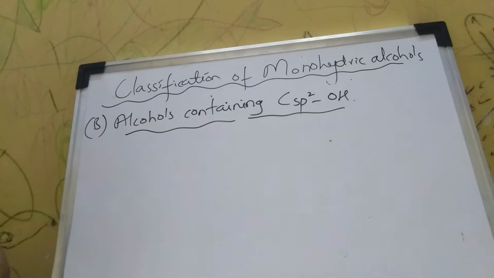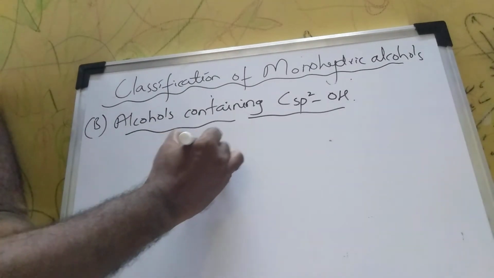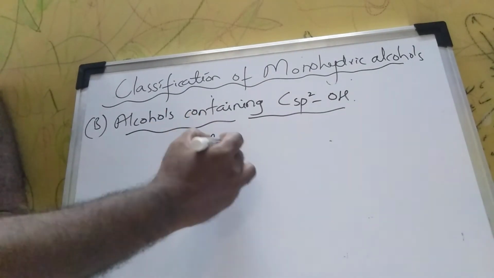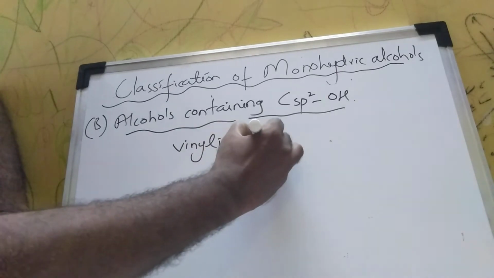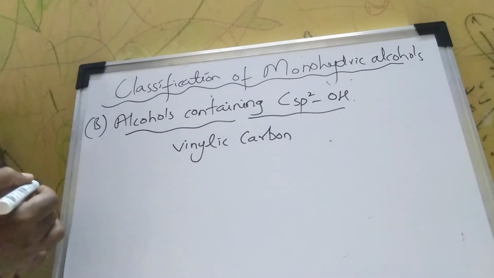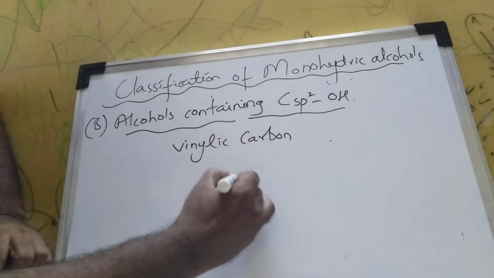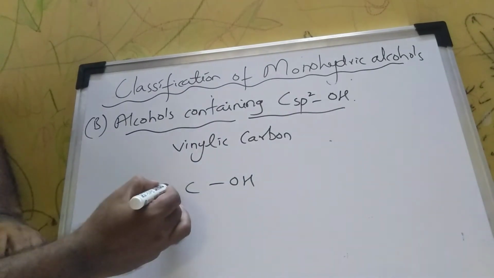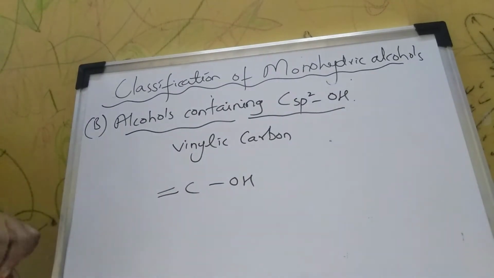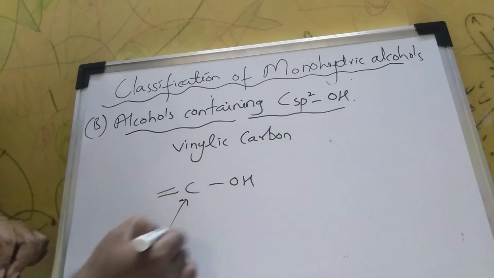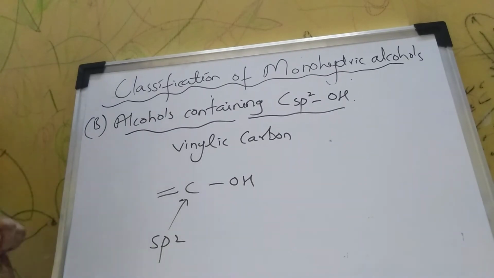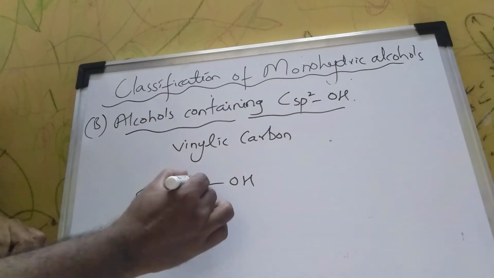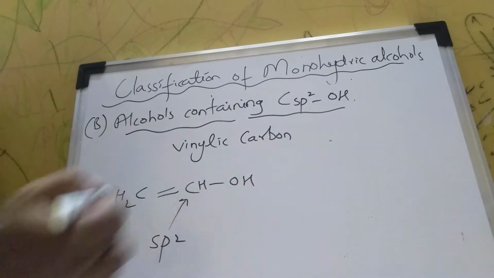So the OH group is attached to an sp2 hybridized carbon atom, which is called a vinyl or vinylic carbon. For example, OH, C, double bond. Double bond means what? This is an sp2 hybridized carbon. And the valence is H, CH2.